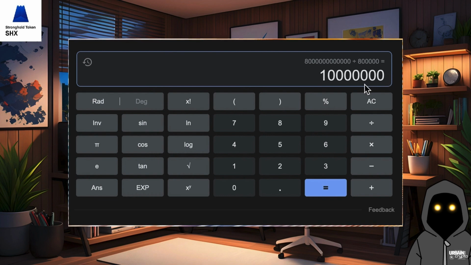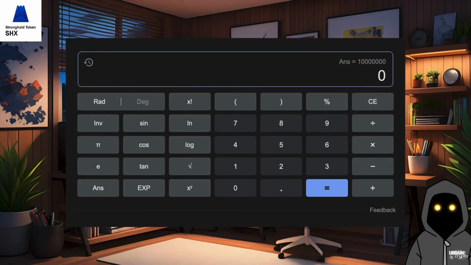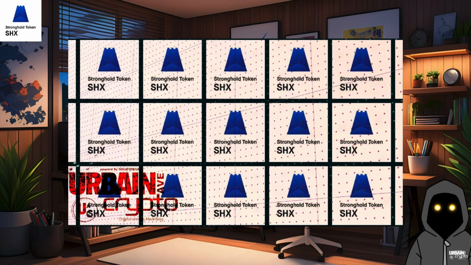If you were to take 10 million and times that by 10 again, right? So when you take that 10 million and times it by the 10 years, you will get 100 million. So in 10 years, SHX will use 100 million SHX to move $8 trillion a year for 10 years.